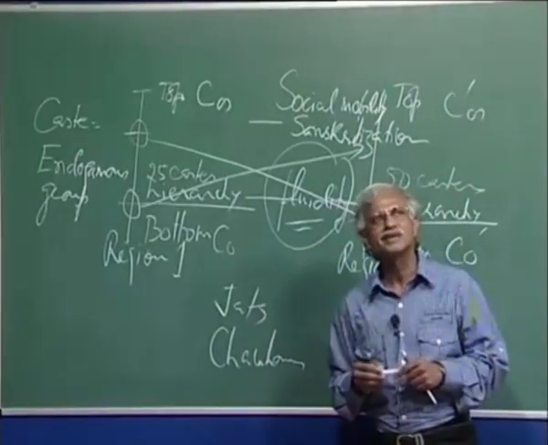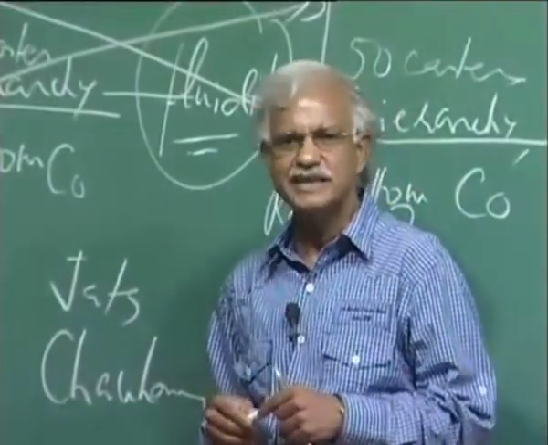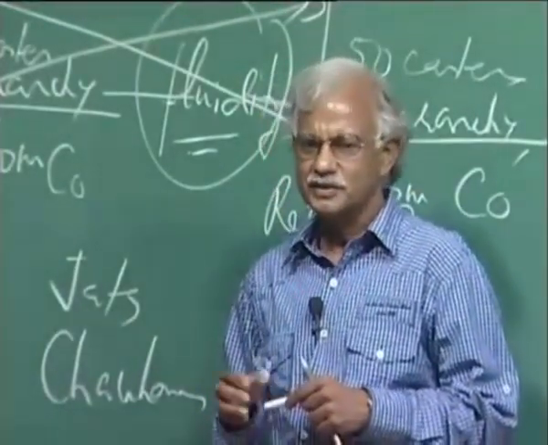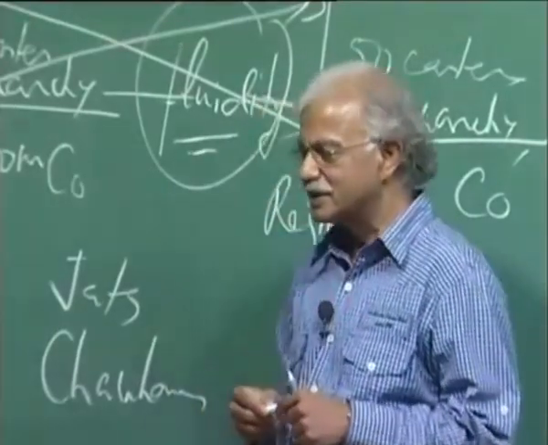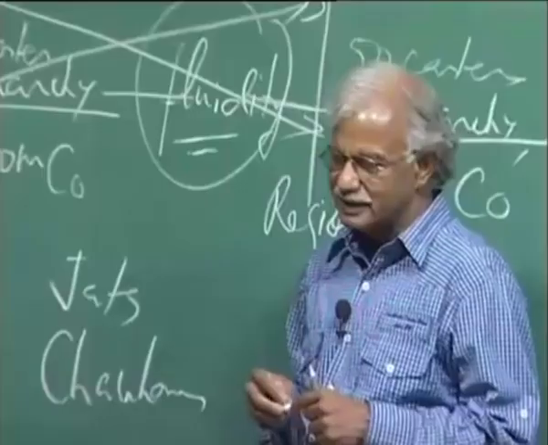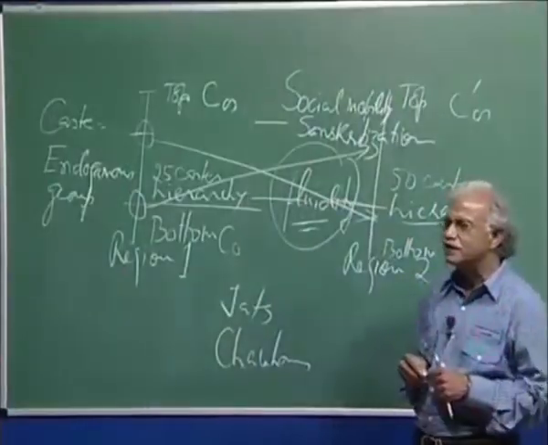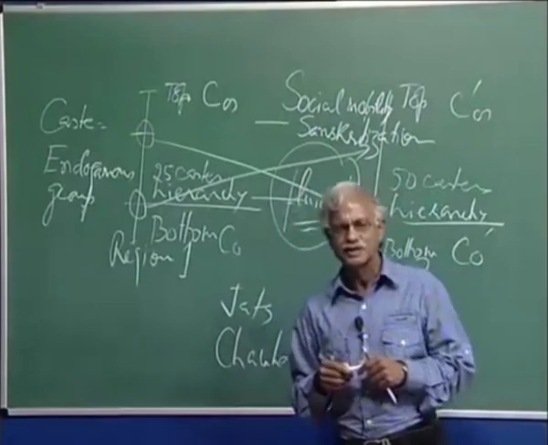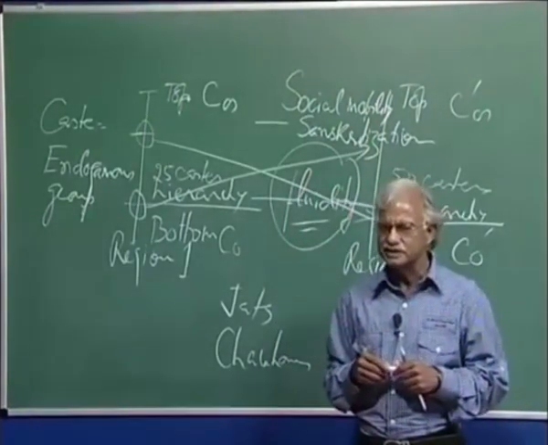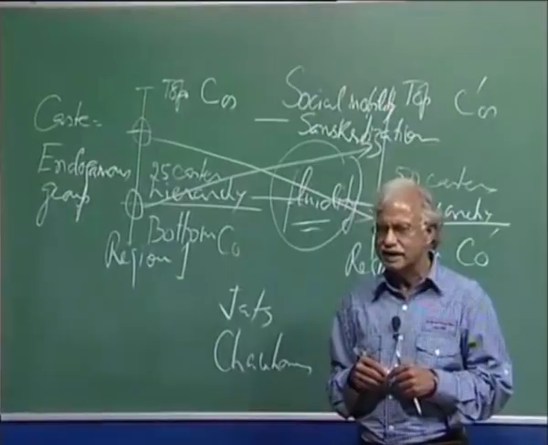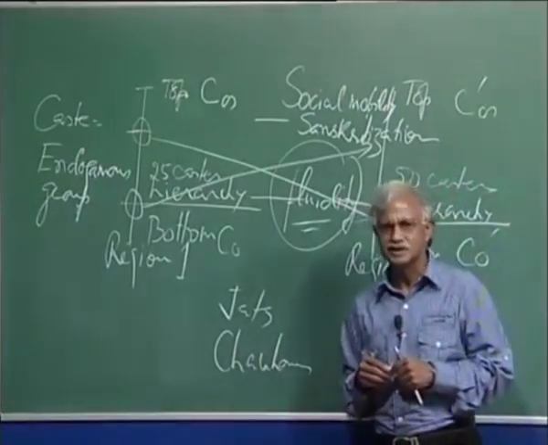I remember when I read M. N. Srinivas's Social Change in India first time, I was shocked to see a statement that, as a matter of fact, in India the real Kshatriyas vanished about 2000 years ago. Nandas, according to some historians, were the last dynasties of Kshatriyas. After that, anybody who captured power became a Kshatriya.